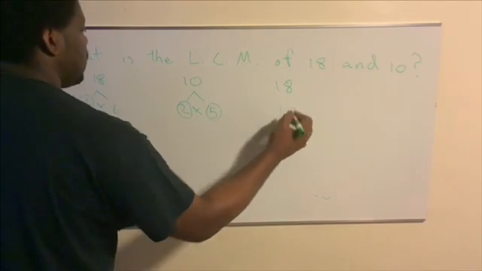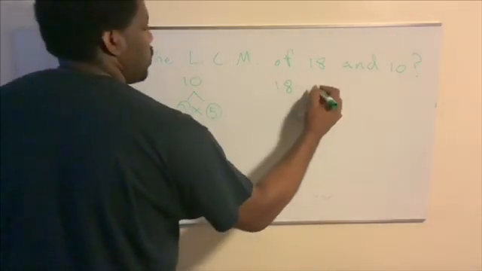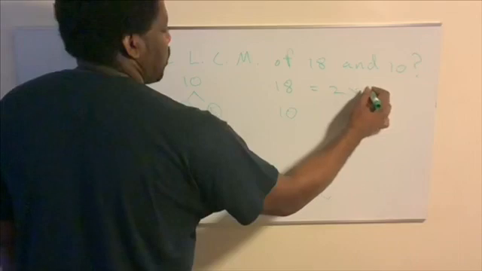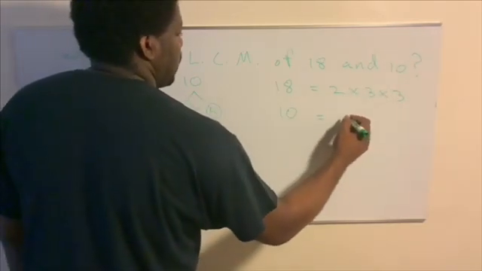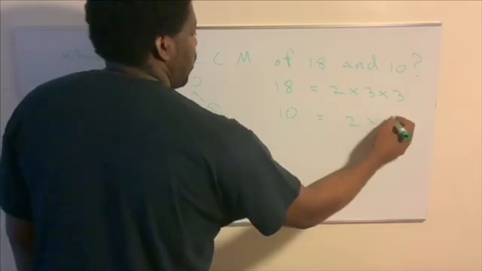So 18 is equal to 2 times 3 times 3, and 10 is equal to 2 times 5.